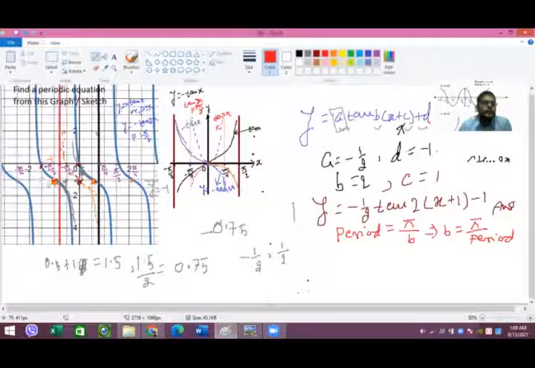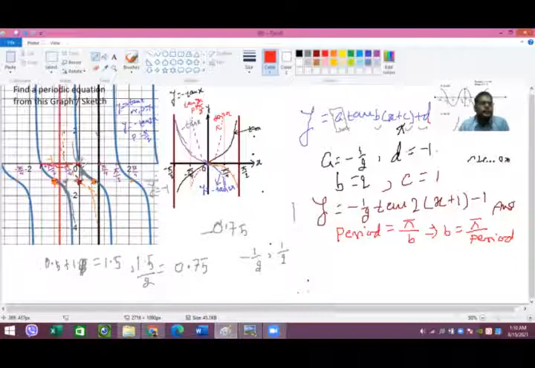So we are considering these two, or any 2 points. Okay, let me count how much it is. So this is half, this is 1, and this is 1.5. So the period from this graph is 1.5. Let's see again, this is up to here, this is 1, and up to here this is 1, but up to here this is half only.